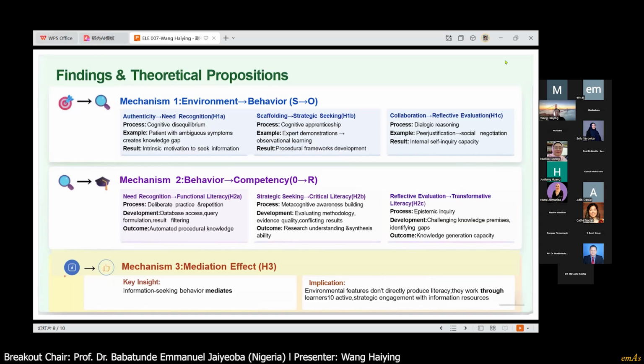The second, repeated practice makes skills automatic. Structured thinking builds awareness of how search works, and reflective evaluation develops the ability to change knowledge. The third is the mediation, showing how external support becomes internal ability.